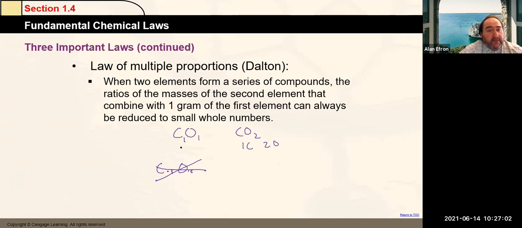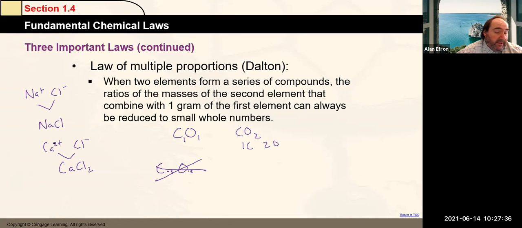And as we'll talk about when we get to nomenclature and naming, they come together in the simplest ratio of those whole numbers, especially with a metal and a non-metal, like a cation and an anion. Sodium chloride always comes together in the simplest ratio. Take calcium and chloride, they come together as CaCl2.